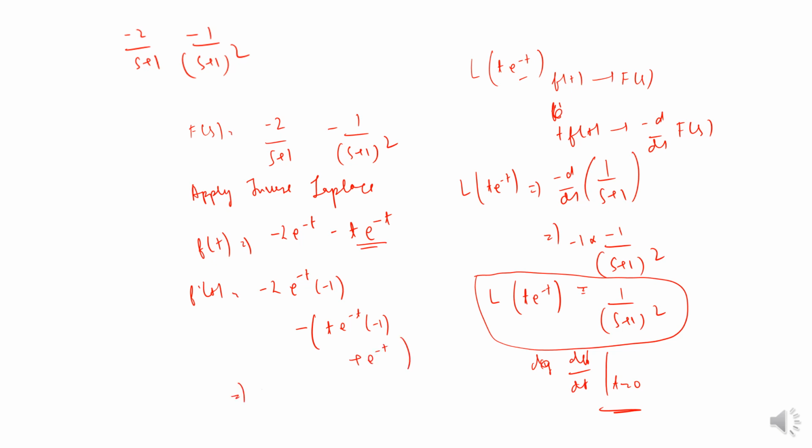So overall it is 2 e power minus t plus t e power minus t minus e power minus t, at t is equal to 0. What is the value at t is equal to 0? For the first term it is 2, for the second term it is 0, and for the third term it is 1. So 2 minus 1 is 1. The answer is 1 for this question.